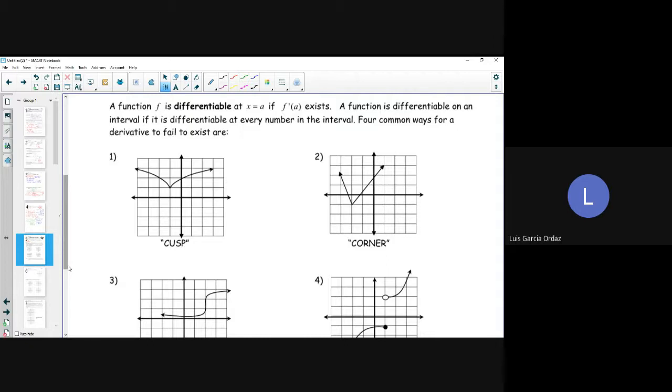Does anyone have any idea? Why would we not be able to find the derivative in the graph presented in number 1? You could be wrong, it's fine. You could be right, and that's also fine as well.